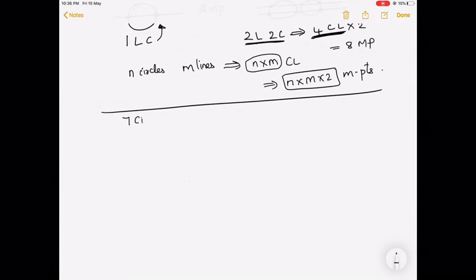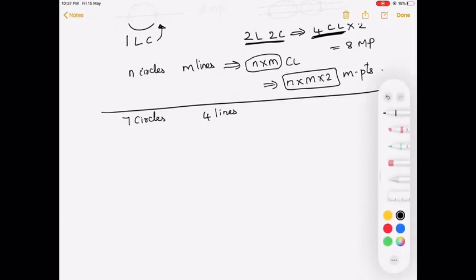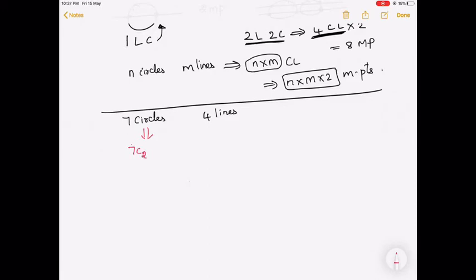I have 7 circles with me, 4 lines with me. How many meeting points can happen at the maximum amongst these 11 figures? Amongst circles, if there are 7 circles, there will be 7C2 pairs of circles.